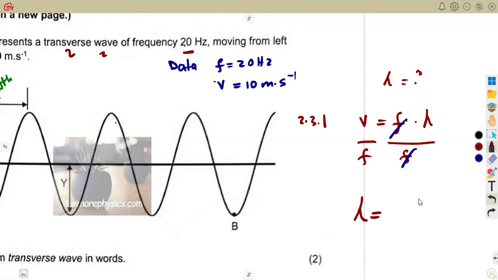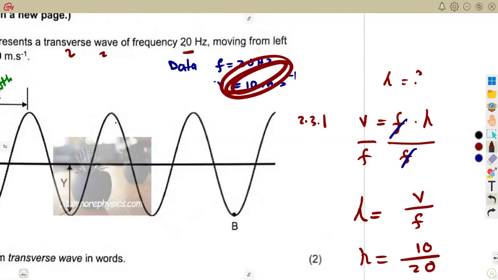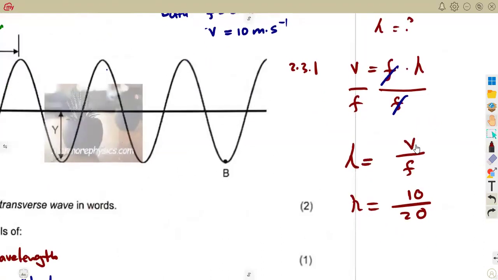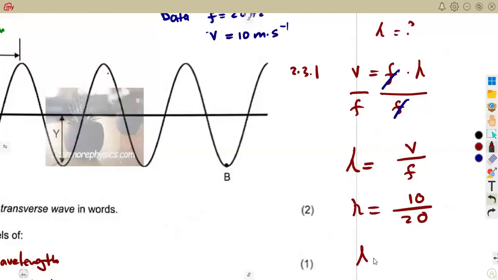At the end, we are going to have the speed over the frequency. We are given the speed as 10 meters per second, and the frequency we are given as 20. So 10 divided by 20 is going to give us 0.5.